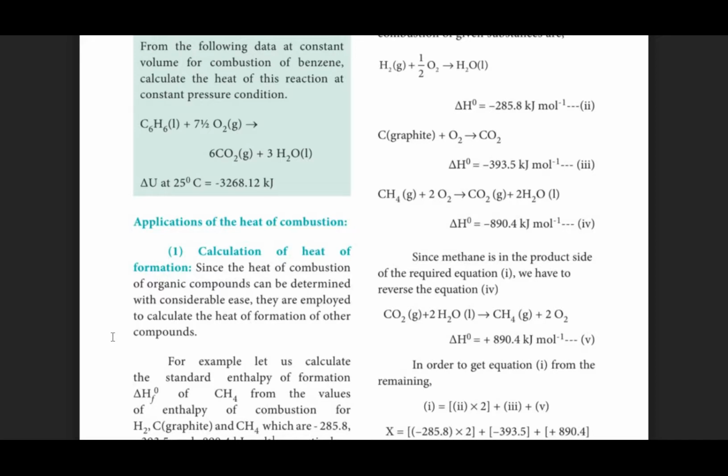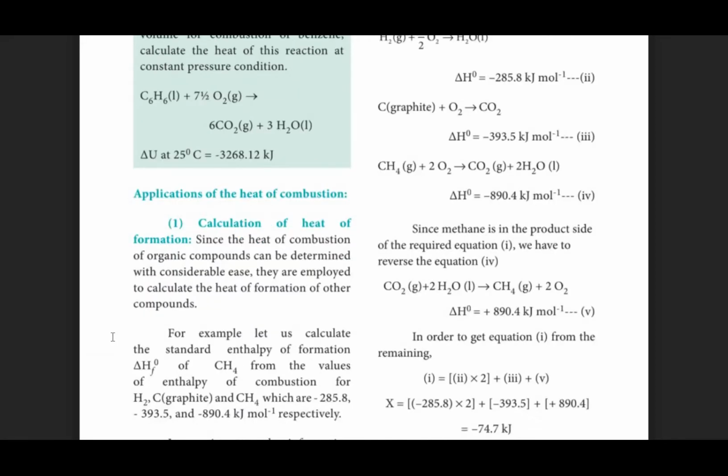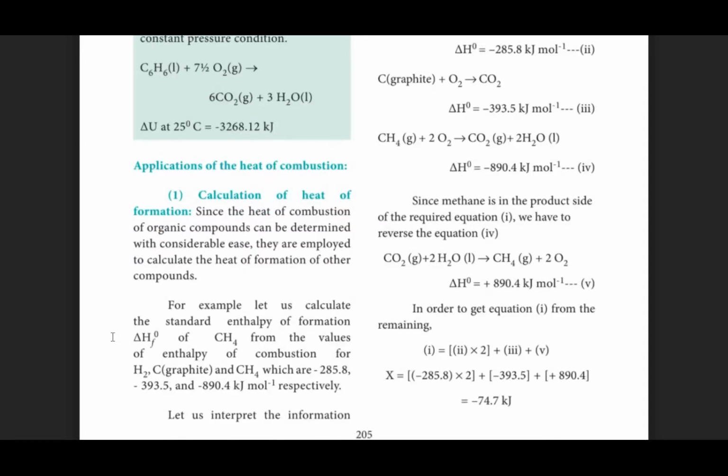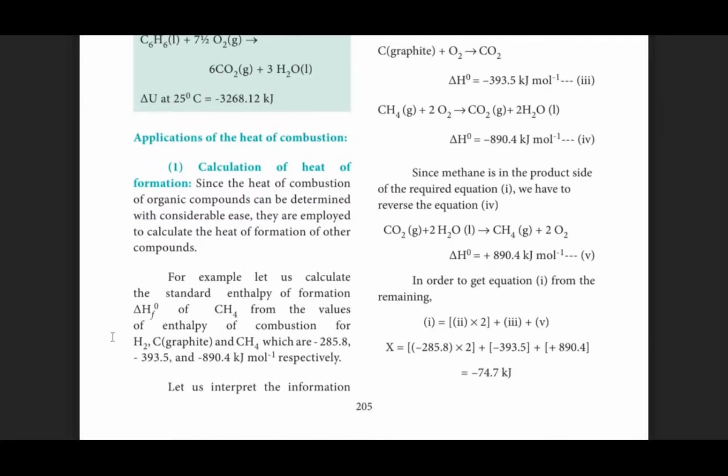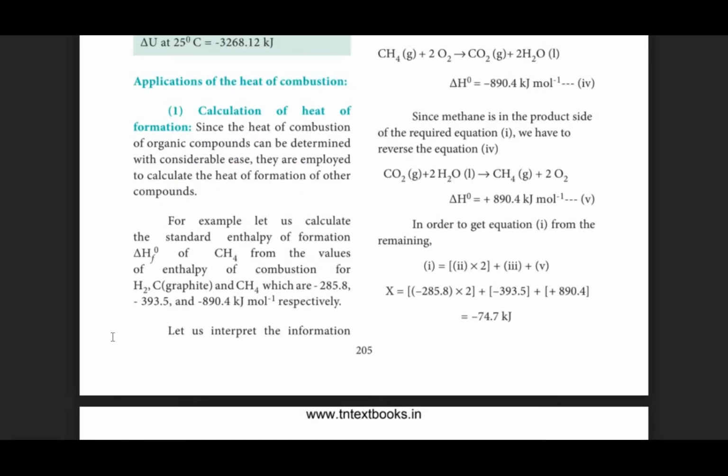In order to get equation 1 from the remaining equations, 1 is equal to 2 times the second plus the third plus the fifth equation. So x is equal to minus 285.8 into 2 plus minus 393.5 plus 890.4.